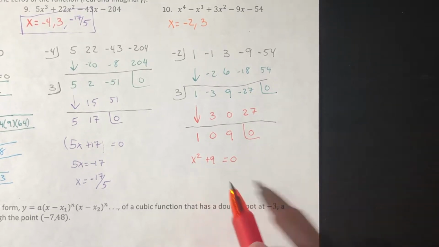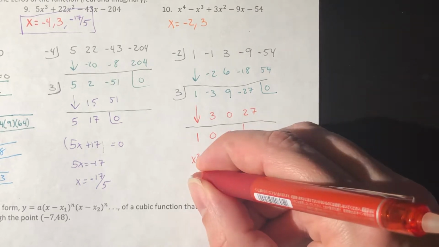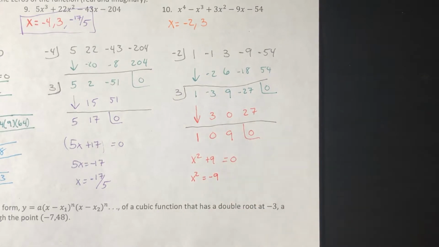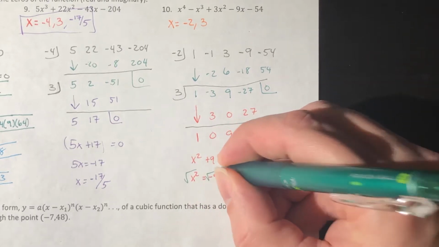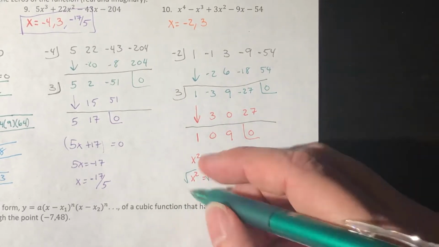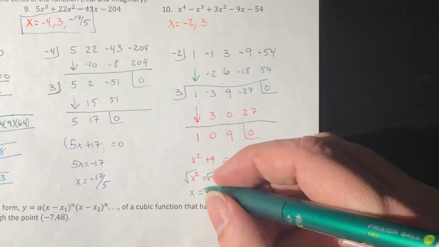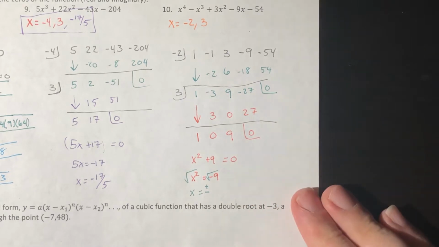For this, I can do the square root method, where I subtract 9 from both sides. So I have x squared equals negative 9. And then to get rid of a square, use square root on both sides. So I have x equals, when I choose to take a square root, I need to take both the positive and the negative.